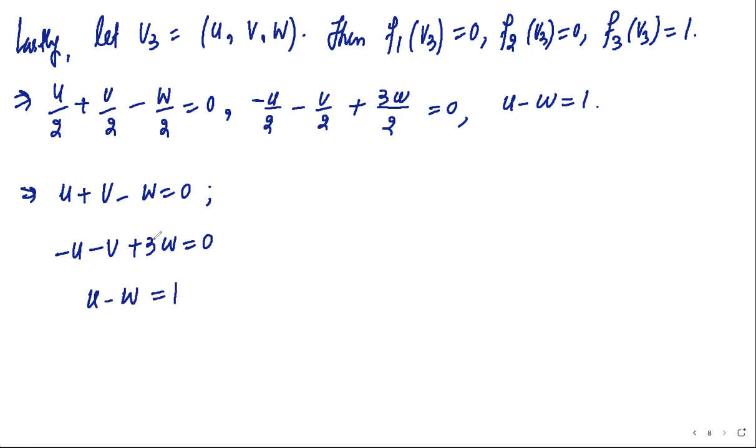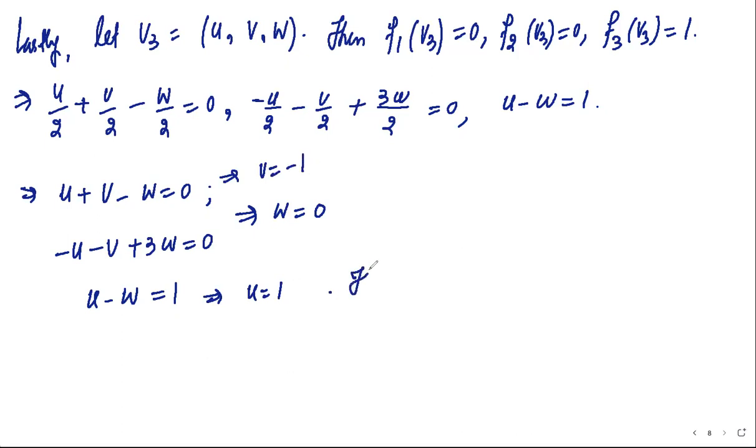Now adding these two equations, u gets cancelled with minus u, v gets cancelled with minus v, and 3w minus w is 2w. Adding these two equations gives us w is equal to 0. Once we have w equal to 0, then the third one gives us u is equal to 1. Now using w equal to 0 and u equal to 1 here, we get v equal to minus 1.